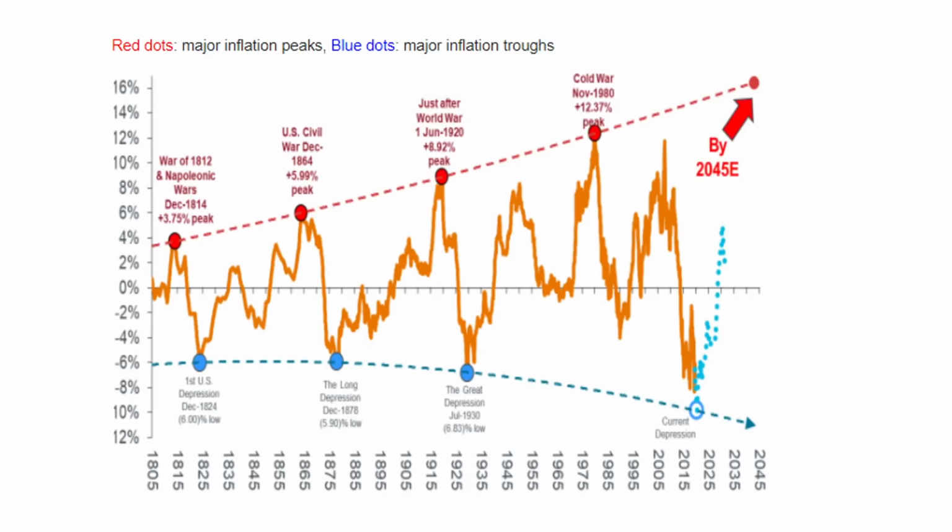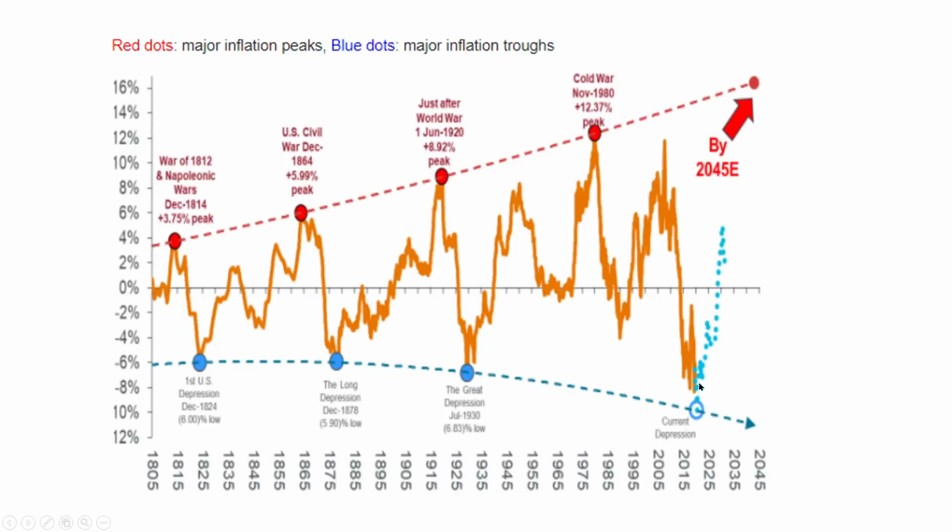I got this chart from an article about the commodity super cycles and peaks and bottoms. Right now, we are projected to be at a current, we'll call it a depression for commodities and in a low inflation area. So that's right here.